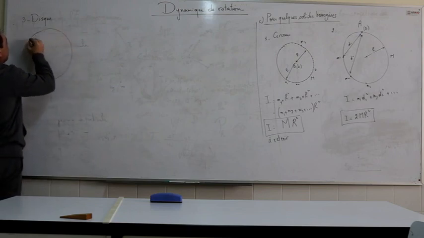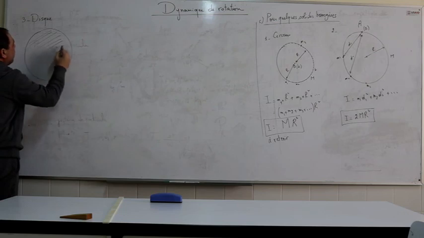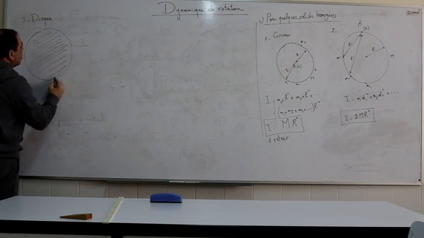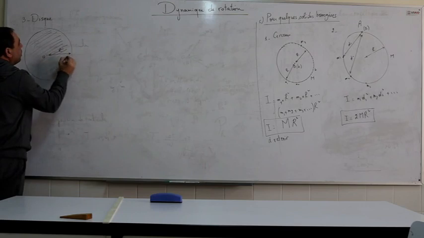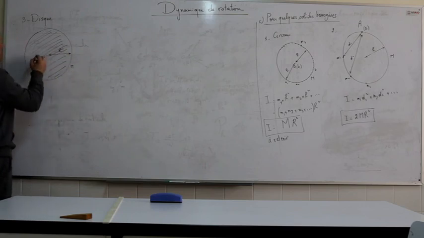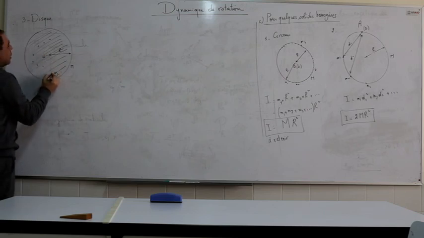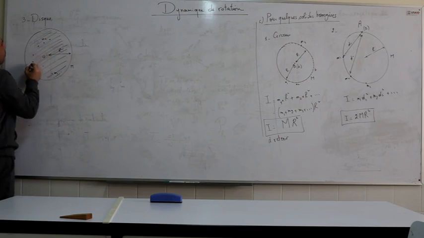Now for a disk, which has the shape of a circle, where the mass is uniformly distributed all over its surface. This is, for example, O, which is the center of the disk, and this is the radius R, and the disk has a mass m. The masses of the particles that form the disk are found at different distances from O, where the axis of rotation is found.